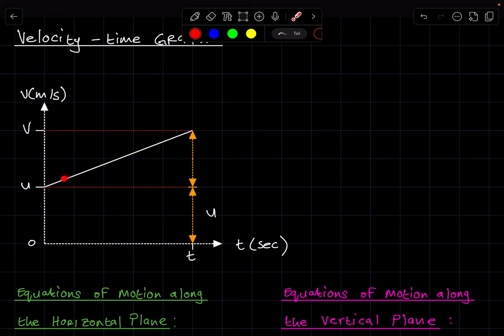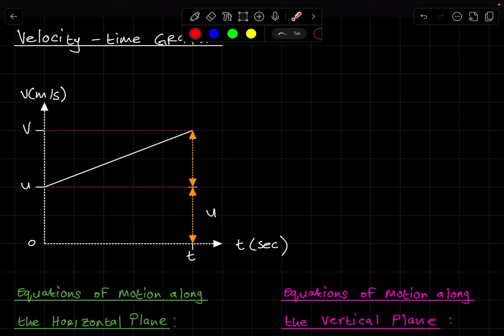How do we know that this accelerated? Well, for one, if you look at the ends of this straight line, at this end you have the initial velocity, and at this end you have the final velocity. That means the velocity changed along this path.